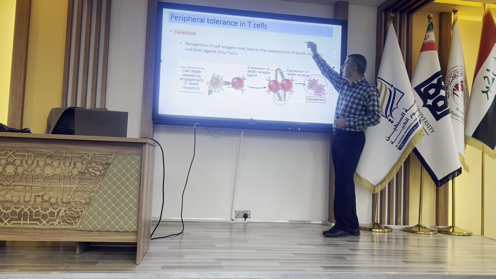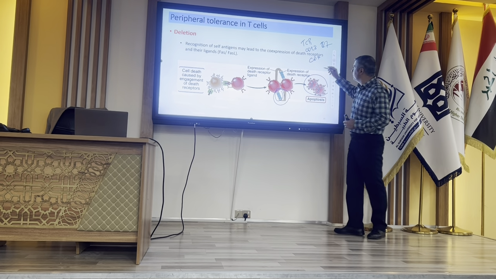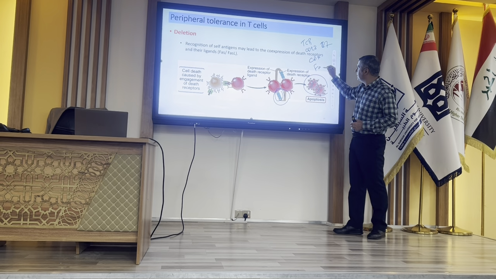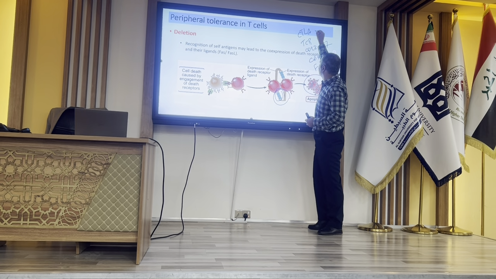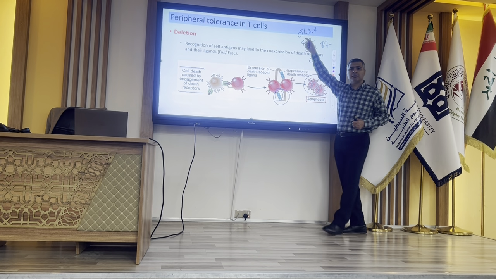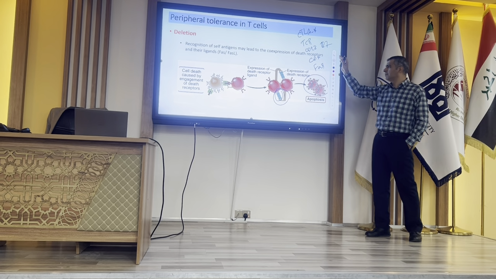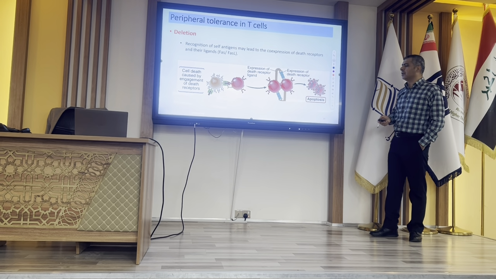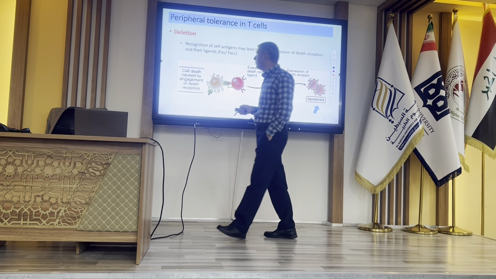For example, TCR is antigen receptor, CD28, which binds to B7, is a co-stimulator, CD4 is co-receptor, Fas is a death receptor, CTLA4 is an inhibitory receptor. There are different receptors that are involved in different aspects of T cell biology or T cell function. Question?